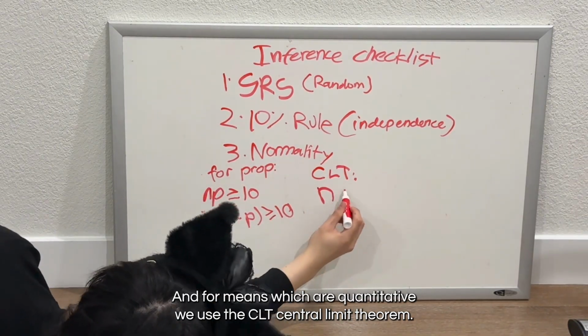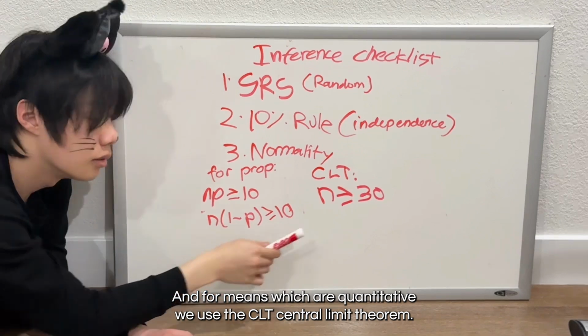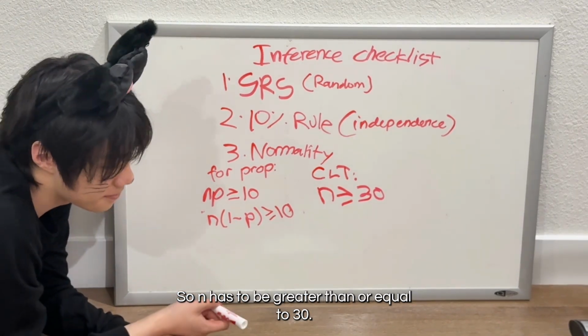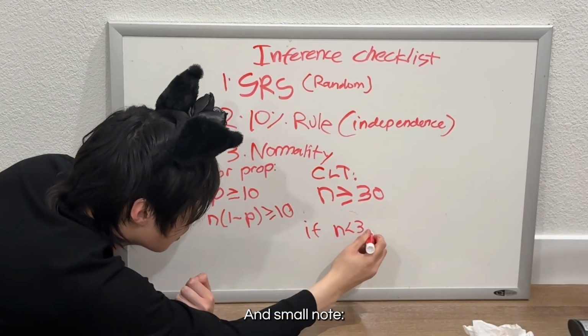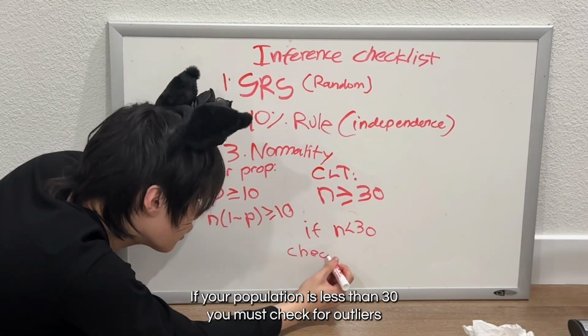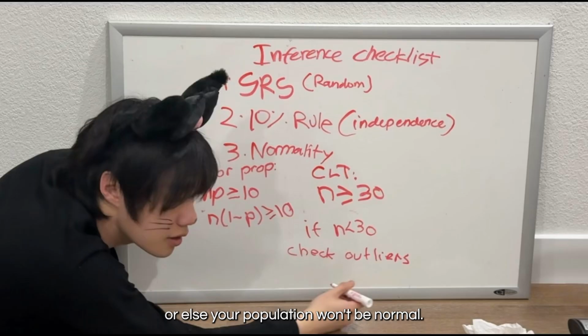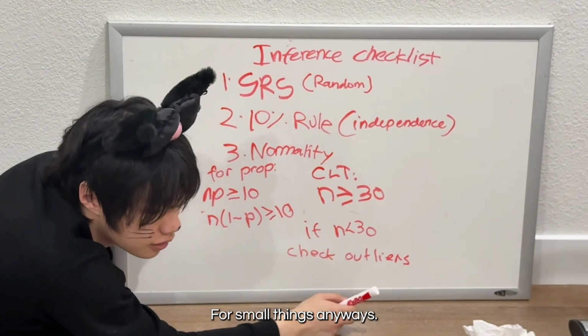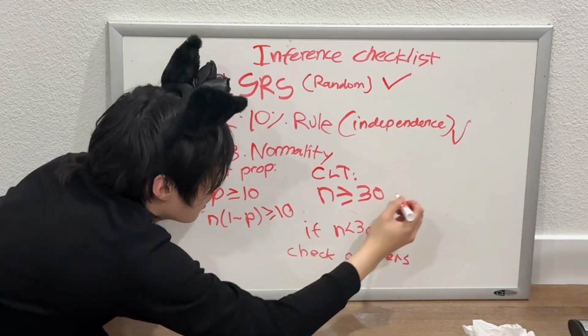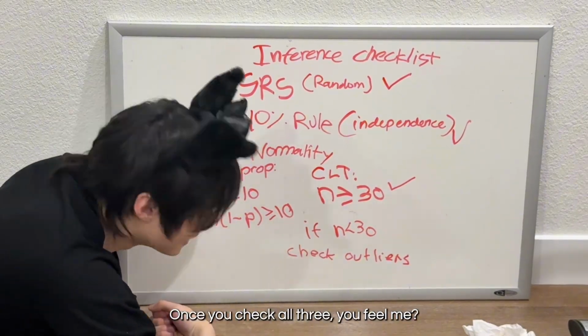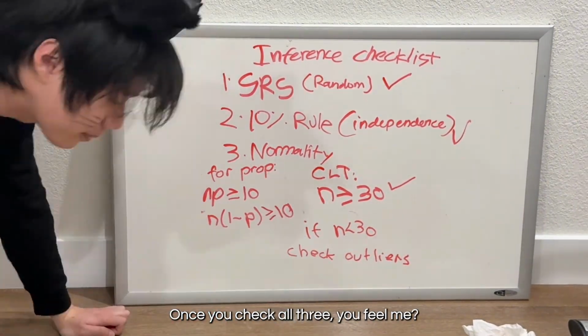And for means, which are quantitative, we use the CLT, central limit theorem. So n has to be greater than or equal to 30. And a small note: if your sample is less than 30, you must check for outliers, or else your population won't be normal and this whole thing is invalid. Anyways, that's kind of it. Once you check all 3, you feel me, you're good to go.